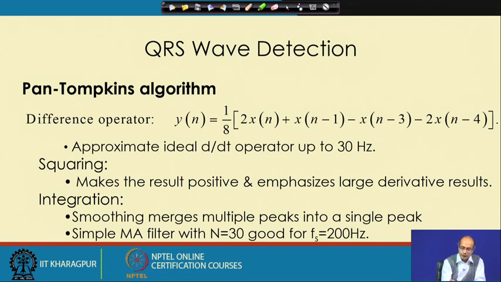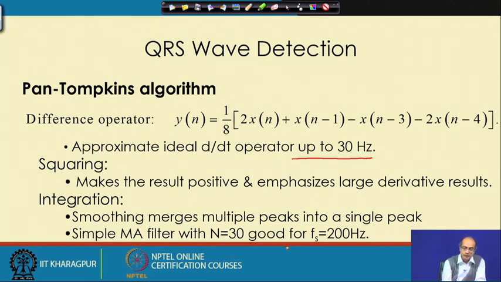Now, in this case, the way this difference operator is chosen, it acts as an ideal derivative filter up to 30 hertz. That means, within that band, 5 hertz to 11 hertz where the signal is present or preserved, it has a linear operation. Okay.